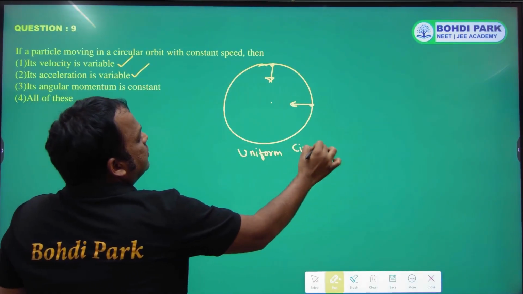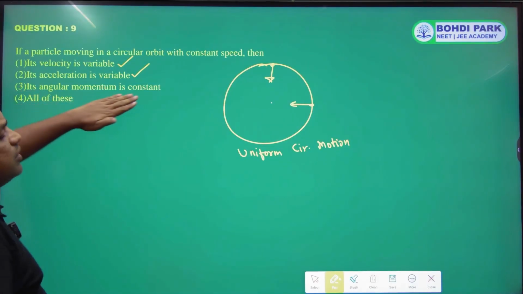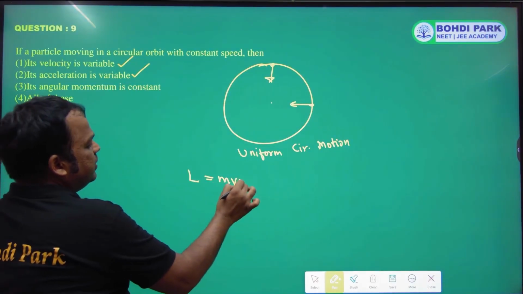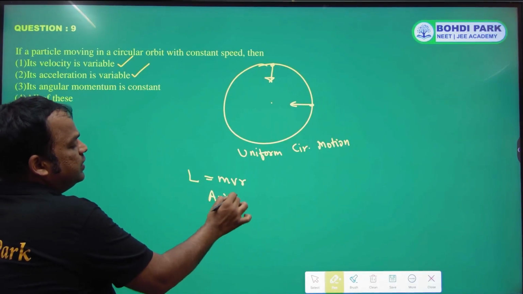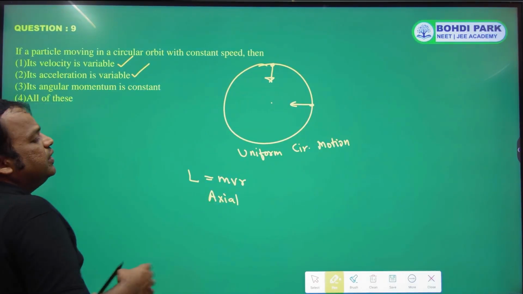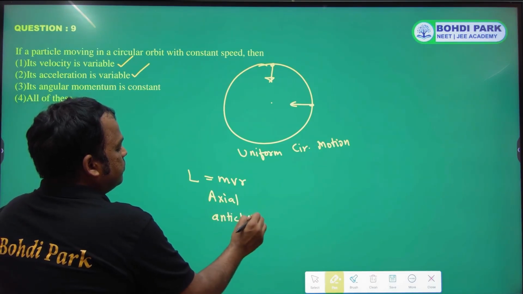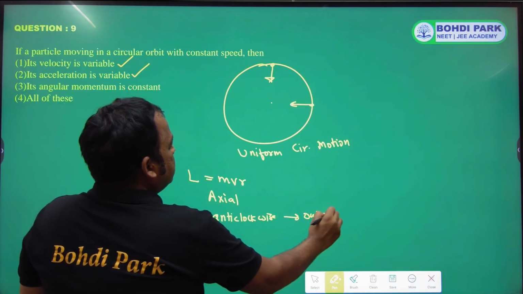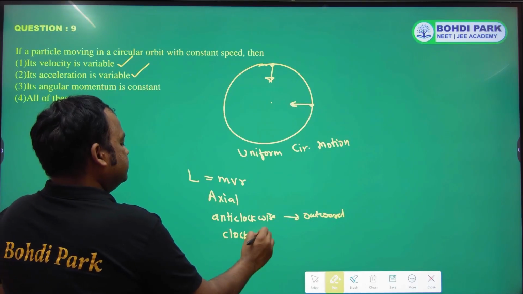In uniform circular motion, angular momentum is constant. So angular momentum formula is mvr and it is an axial vector. Its direction will be outward if it is anti-clockwise, and if it is clockwise, the direction will be inward.